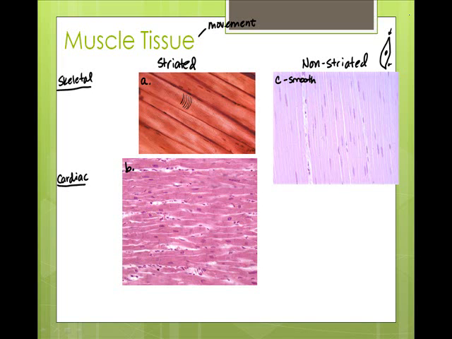But first, let's talk about our striated muscle tissue. Let's talk about skeletal first. Skeletal's principal attachment is to bone, and it's responsible for the movement and posture of the skeleton.